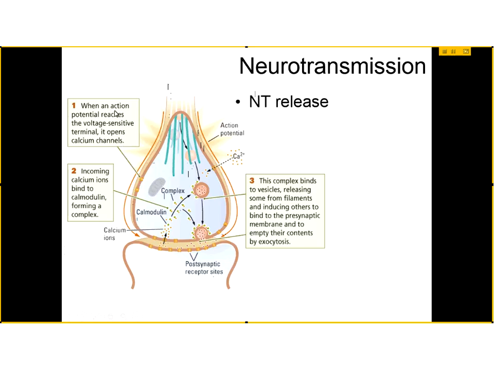So here we see that process occurring, where the action potential travels down, it opens up these calcium channels, calcium flows in, and then binds with calmodulin. That calmodulin can either tear off some of the vesicles from the microtubules, or if there are already vesicles here, it can cause them to dock, and then that causes that hole to open up, and then the neurotransmitter starts to fall out. So this is the release of the neurotransmitter.